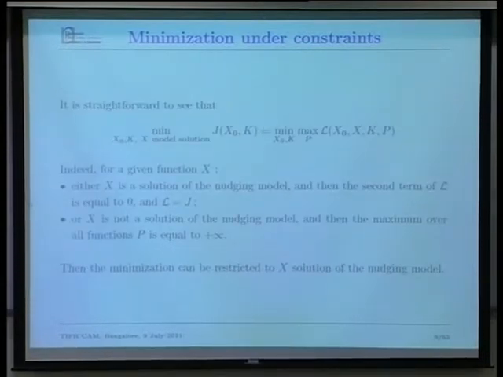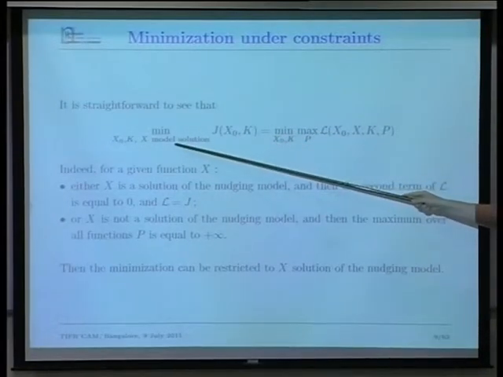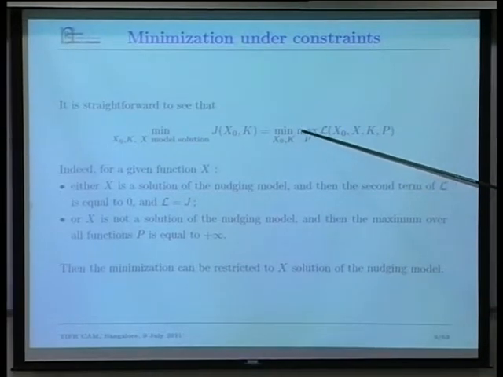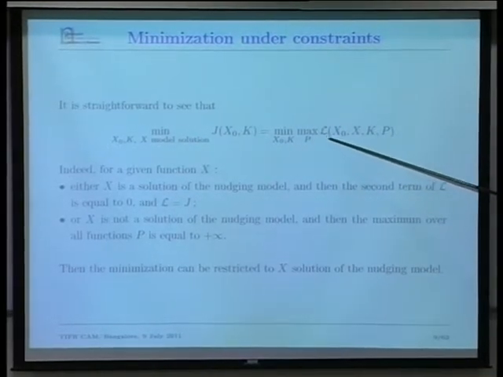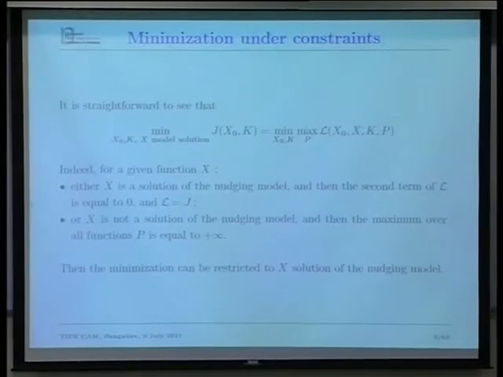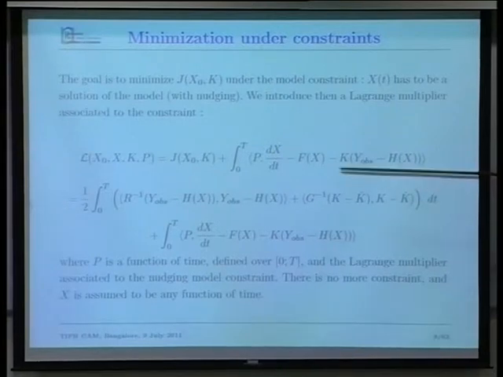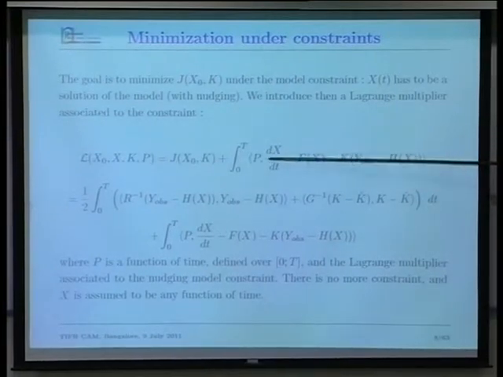So the idea is that minimizing J under the constraint that x is a model solution is equivalent to minimizing the maximum over p of the Lagrangian. Okay? There are two cases. Either x is a solution of the model equation with nudging, and then this is equal to 0, whatever p is.